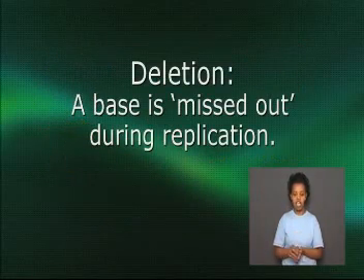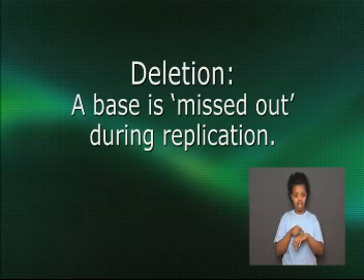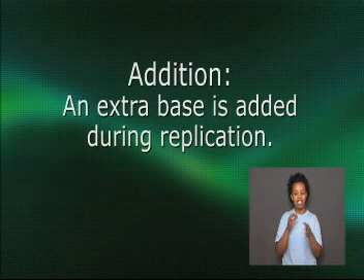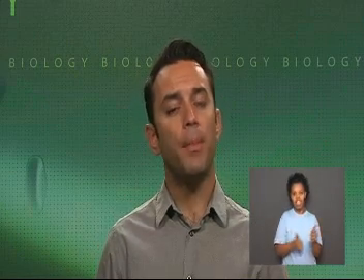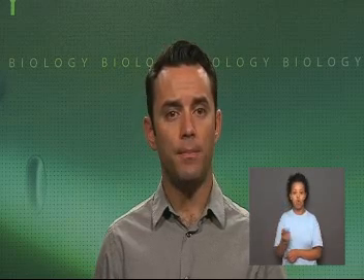In deletion mutation, a base is missed out during replication. In addition mutation, an extra base is added. Both of these mutations are more consequential than substitutions because they can never result in the production of the same protein.